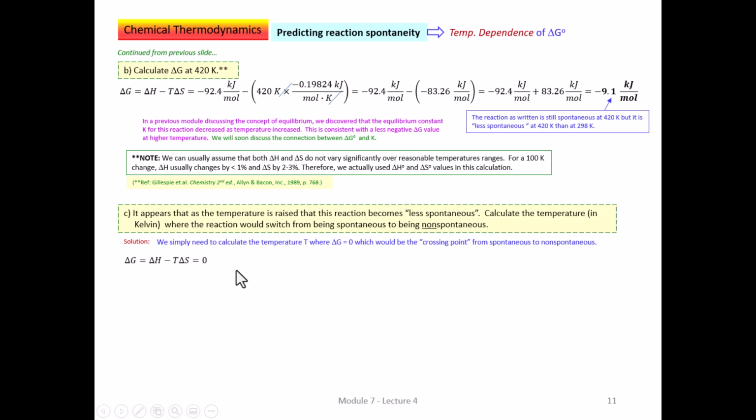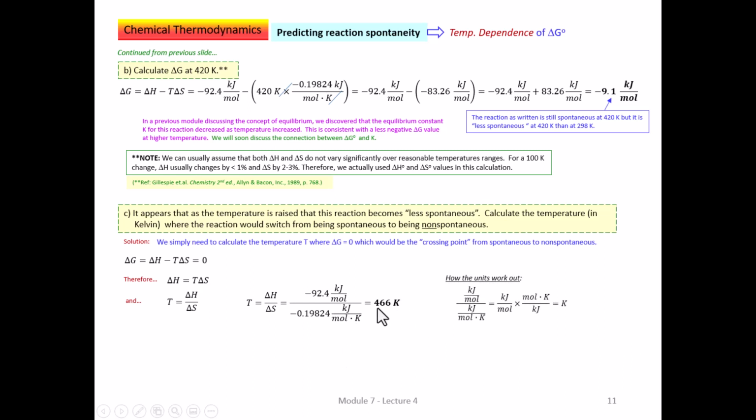If we say delta G equals delta H minus T delta S, and that has to equal 0, then we can say that delta H equals T delta S. And T would be delta H divided by delta S. Again, we're using the values of the standard delta H and standard delta S, and we've converted the units for delta S into kilojoules.